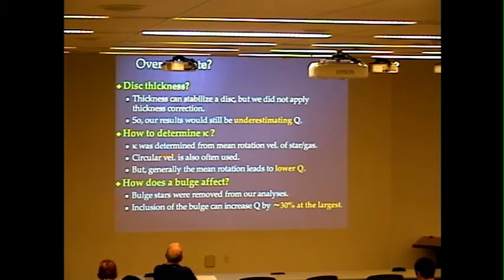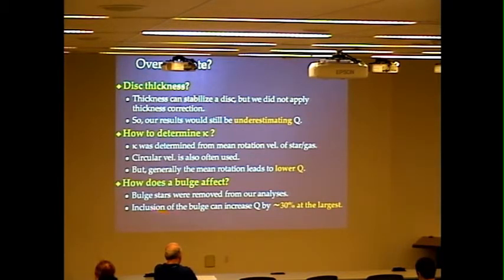In my calculation, the epicyclic frequency was determined from the mean velocity. Someone may determine it from a spherical assumption, GM over r, or something like that. Anyway, using the mean rotation for determination of the epicyclic frequency generally leads to lower Q. This cannot be an overestimation.